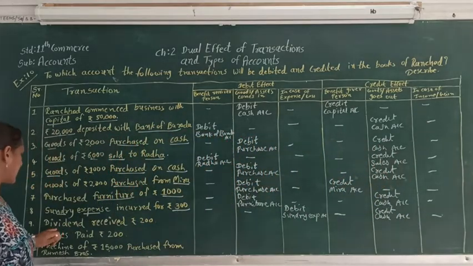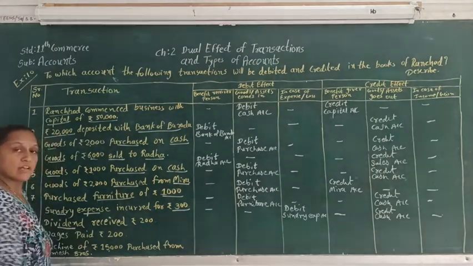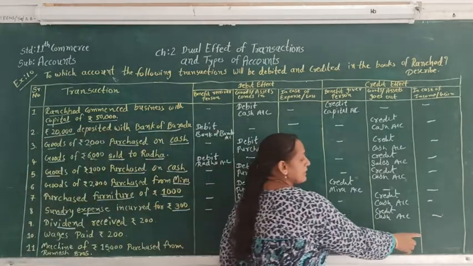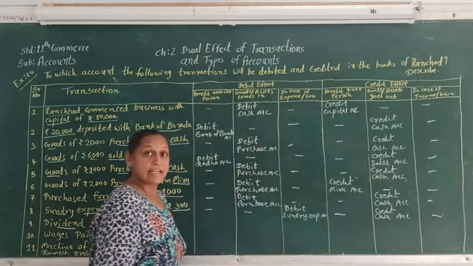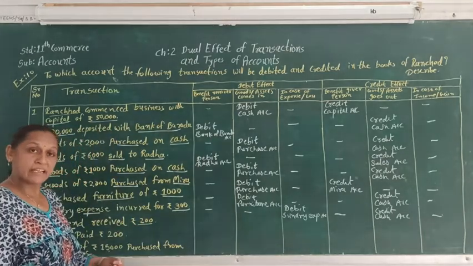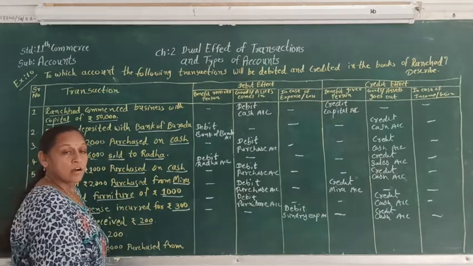Our next transaction is dividend received rupees 200. So here dividend is our income. Whatever the income is, we are going to credit it. And when we are receiving the dividend, 200 rupees is coming in the business. So the cash account is going to be debited.